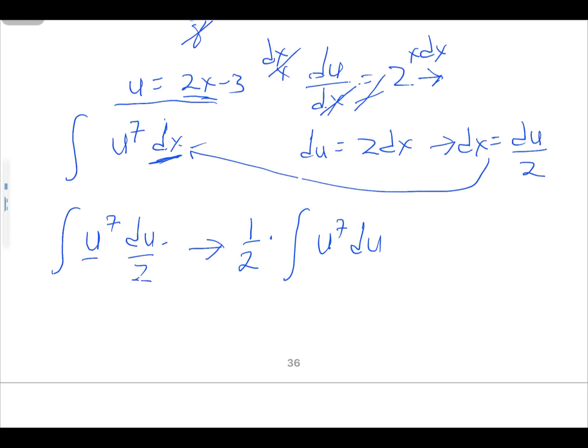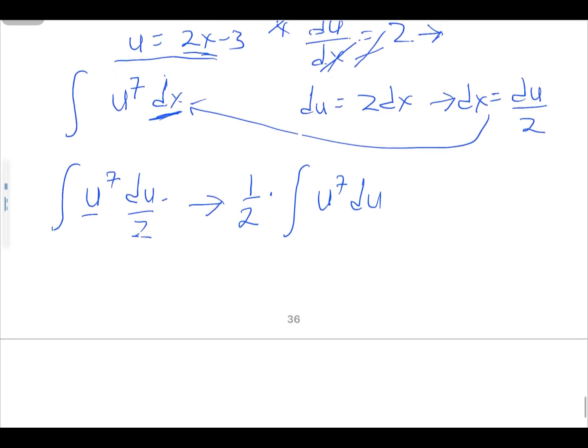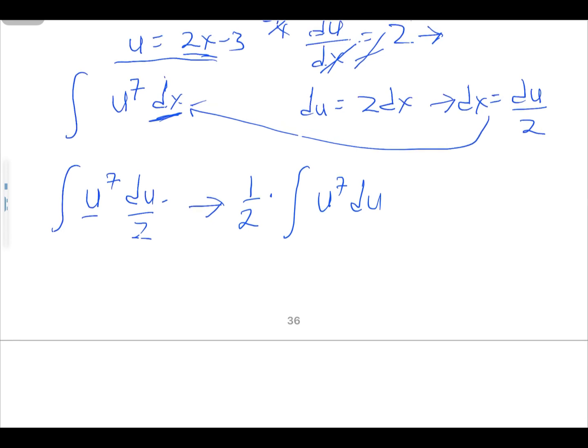Now we can go in peace to integrate whatever we have in front of the integral sign. So now you can apply your normal integration power rule, and therefore you are going to get 1 over 2, the integral of U power 7 plus 1 over 7 plus 1.